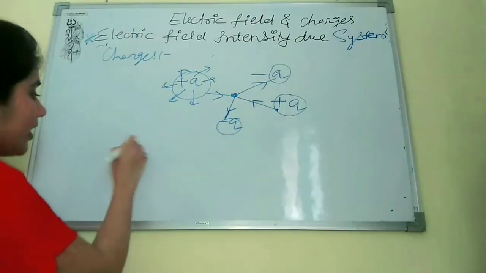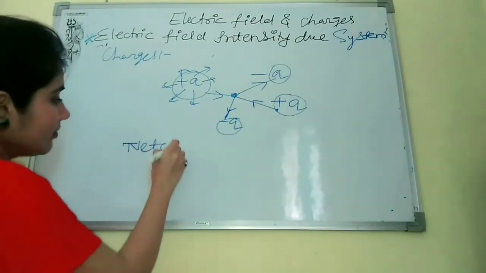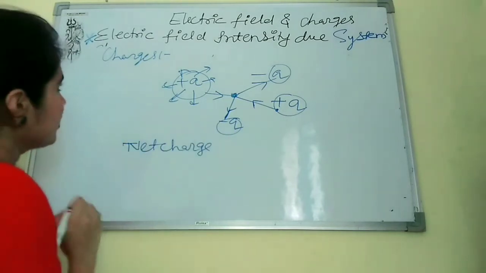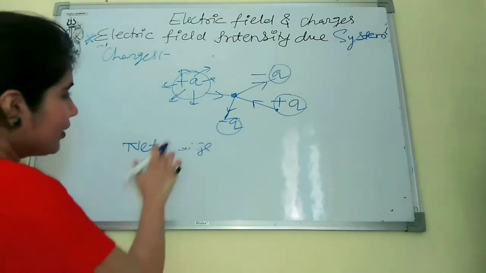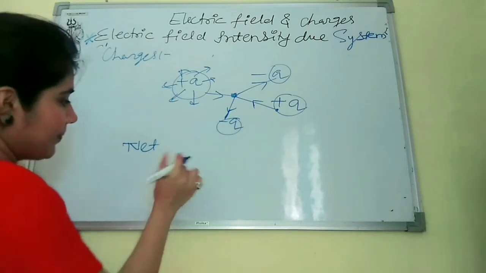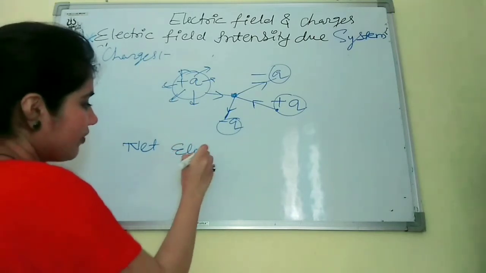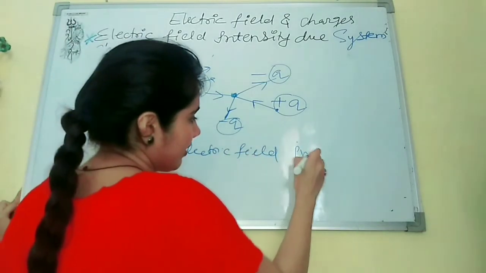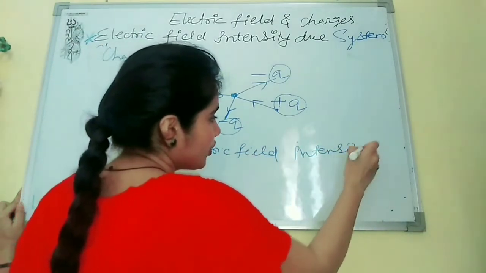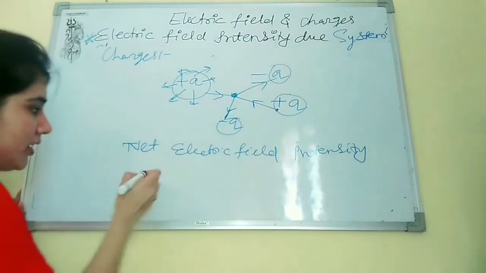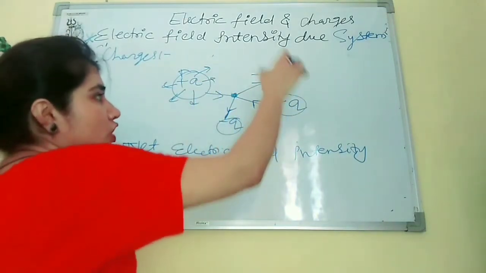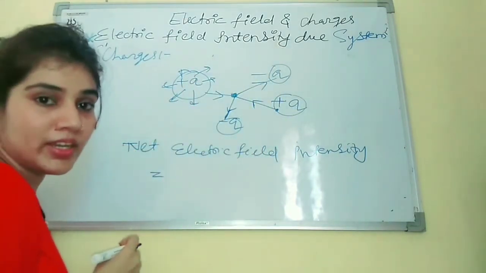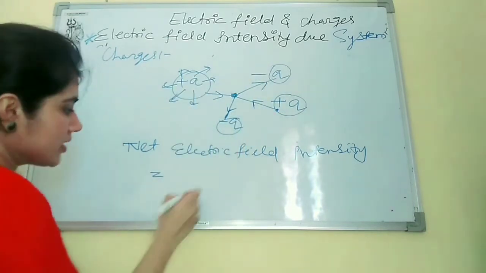So the net electric field intensity due to a system of charges will be the vector sum of the electric field intensities of all the charges.